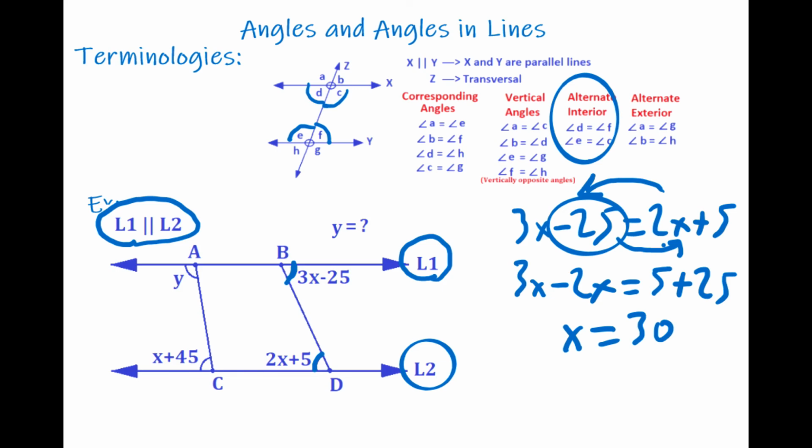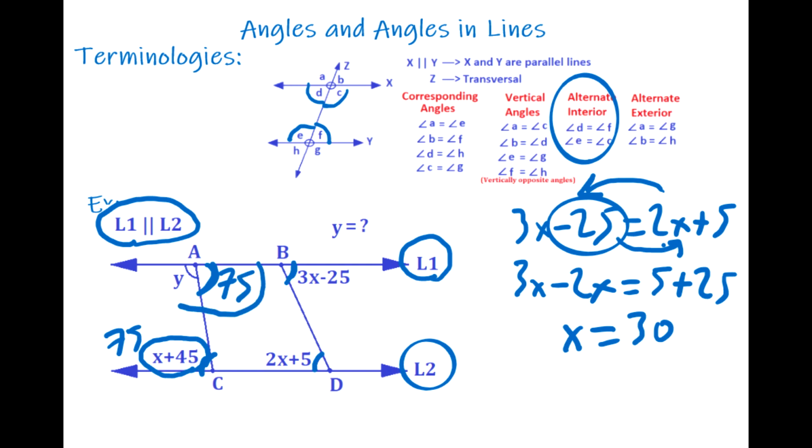And if I look at the angle C here, it says x plus 45, which means if you add 30 to 45, it's going to be 75, guys. And if that angle is 75, because this angle is equal to that angle, because they are alternate interiors, that has to be equal to 75 as well.